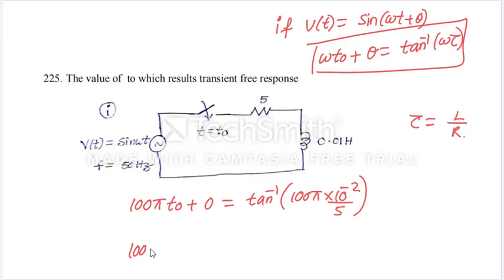So 100 pi t naught is equal to tan inverse of pi by 5.